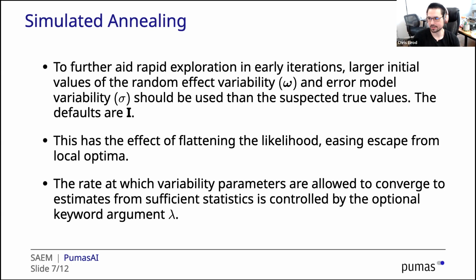So you do need to allow it to actually converge to the correct values. So you would want this rate of descent to be able to achieve the true values before the end.